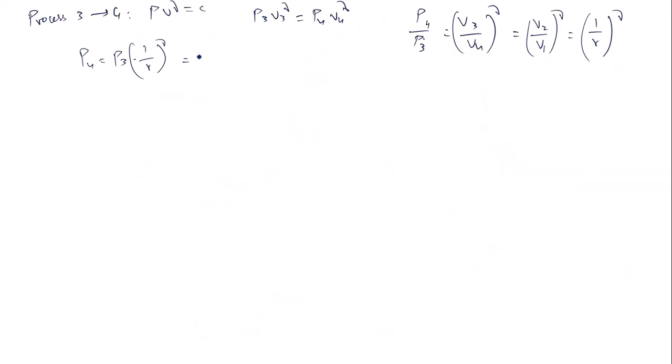So it is going to be 2148 into 1 by 5.5, whole power 1.4. If I simplify it properly using a calculator, I'll get the value of P4 to be 197 kilopascal. I believe you are getting the same values, right?